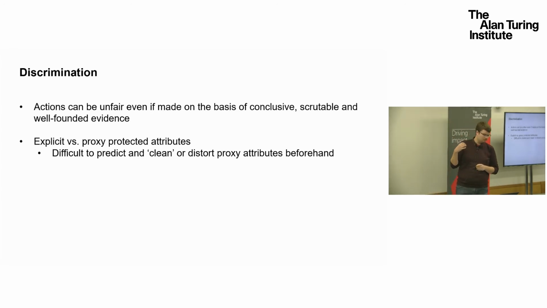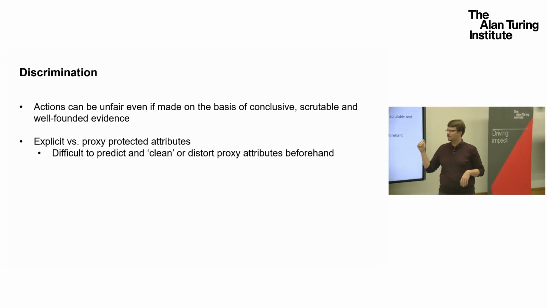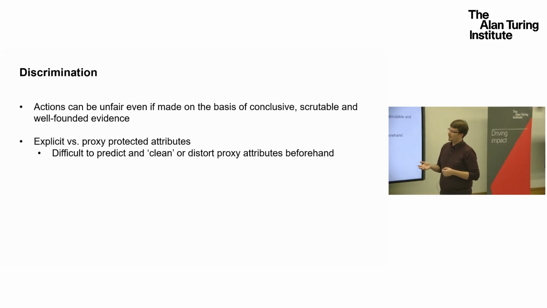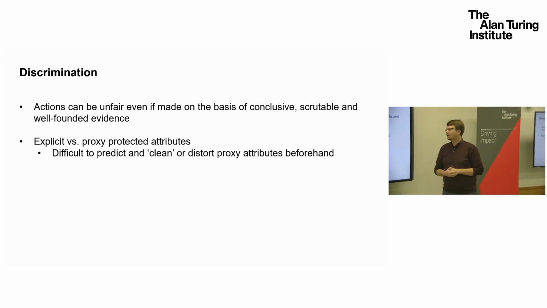Another common problem would be discrimination. We'll talk about this in a bit more detail in relation to fairness in the second half of the session today. But basically the idea here is that even if you have very good, conclusive, scrutable, well-founded evidence, you can still end up with discriminatory treatment or discrimination. Quite often that discrimination will be based on proxy attributes rather than explicitly legally protected attributes like ethnicity, religion or gender.